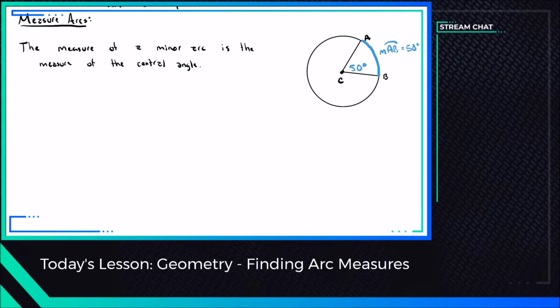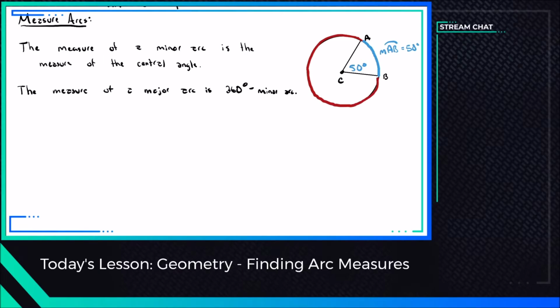And from that, the measure of a major arc is going to be 360 degrees minus the minor arc. So we can highlight our major arc here, going all the way around.